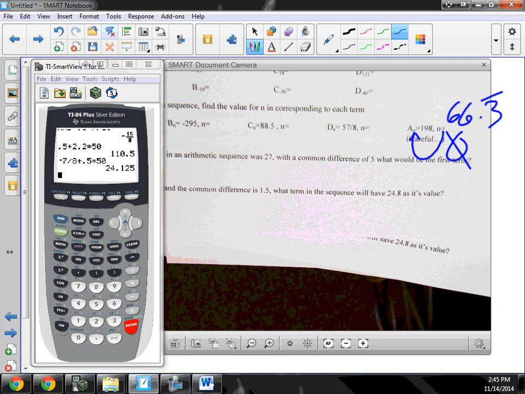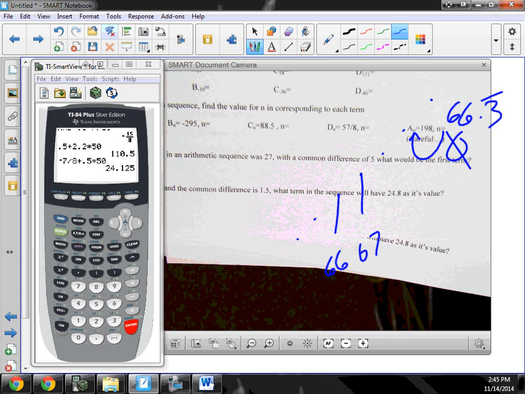N is either 1 or 2 or 3 or 4 or 5. So can you have 66 and 1/3 terms? No, remember this is a dotted line strictly. So once you get to 66, then you get to 67, nothing happens in the middle. So that one has no solution. There is no n value that works.